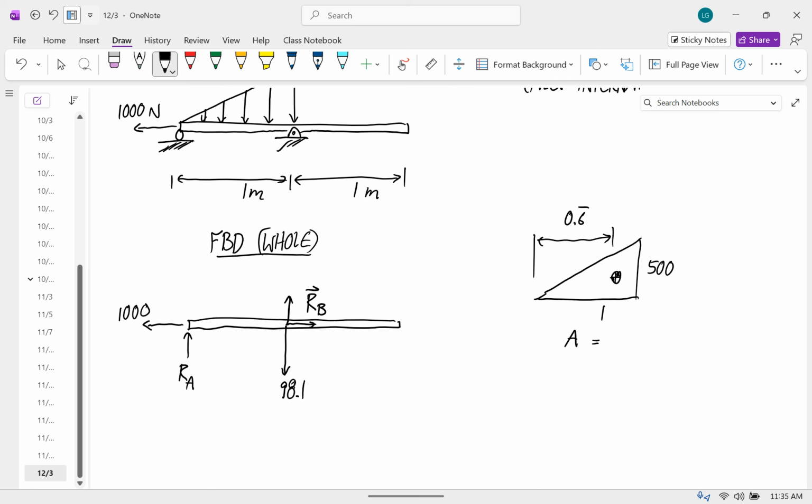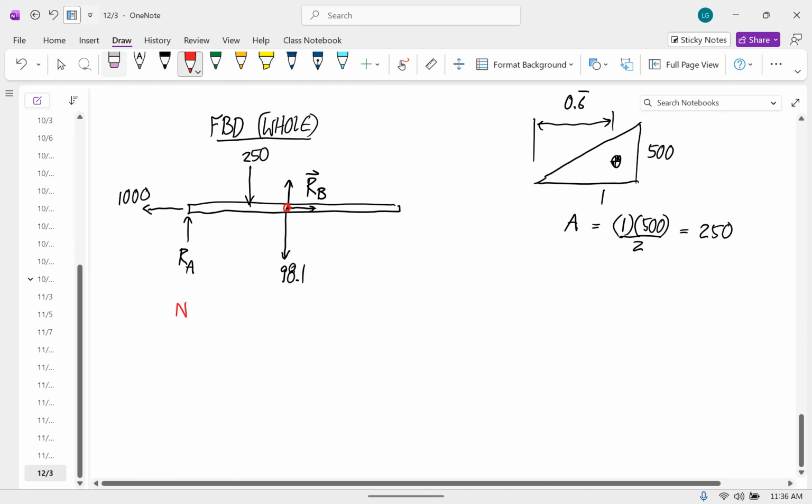And the area is 1 times 500 divided by 2, so 250. I'll put my about point here. It's only once you start doing the cuts that you should always put your about point at the left end. I mean, it doesn't hurt to put it at the left end, but this is a little more straightforward.